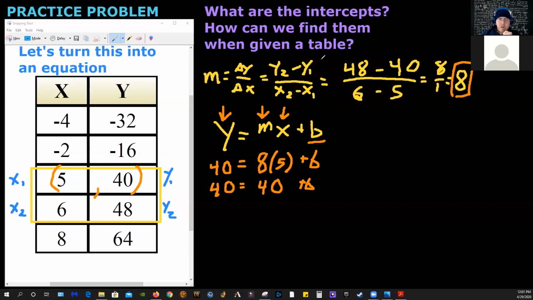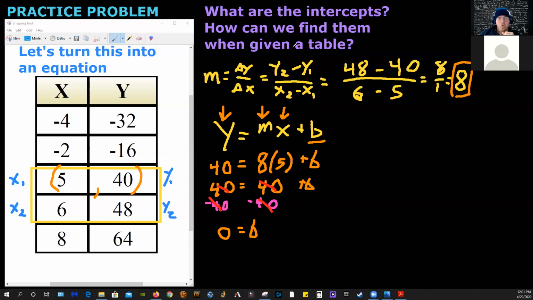Hopefully some of you have already spotted what we're going to get here. Well, if we take away 40 from both sides, they both become zeros, which means our y-intercept is actually equal to 0.